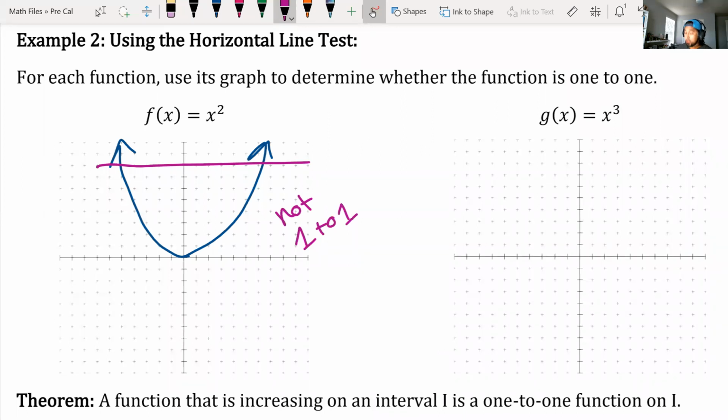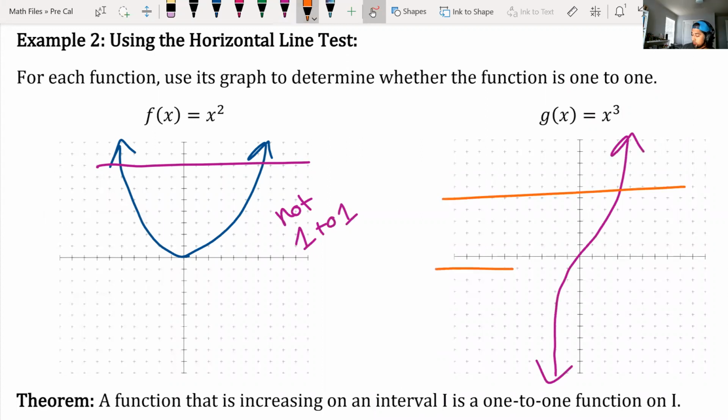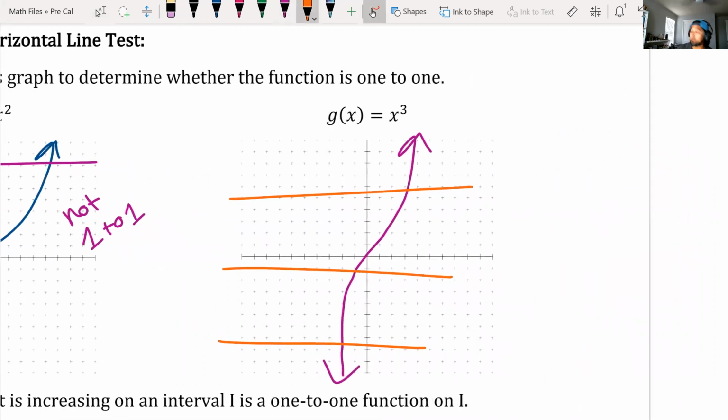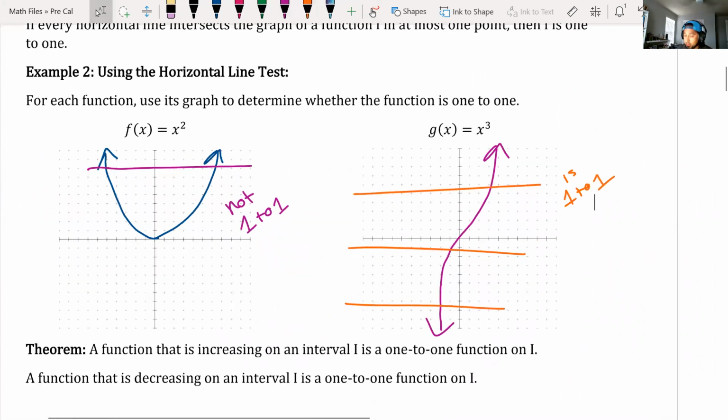Okay, and then we can look at the graph of x cubed, which looks something like that. If I were to draw a horizontal line through it anywhere, you would only intersect it how many times? Once, which means x cubed is one-to-one. Perfect.